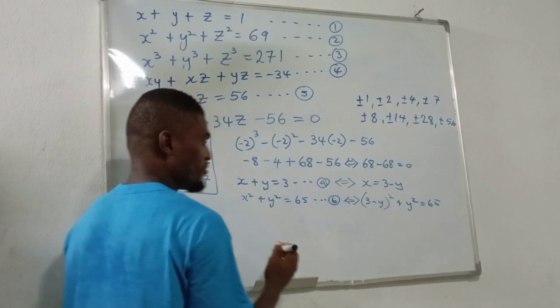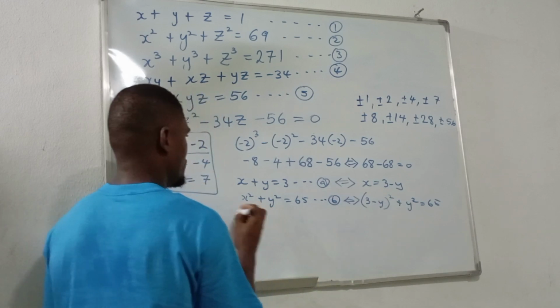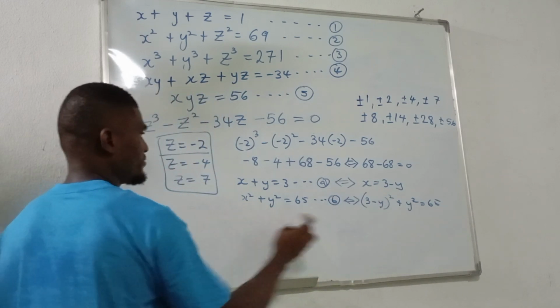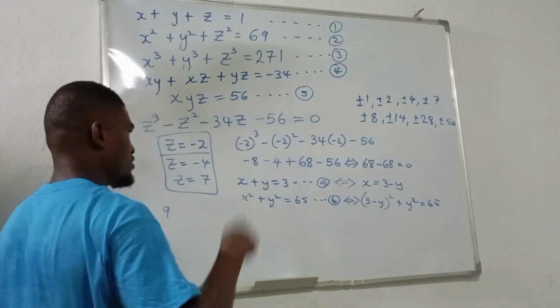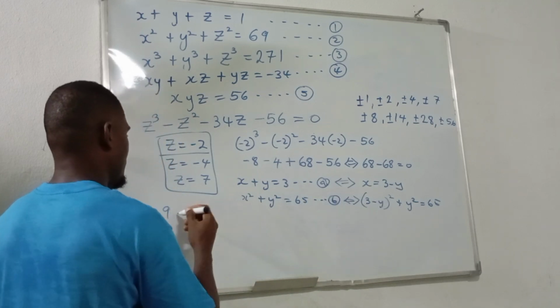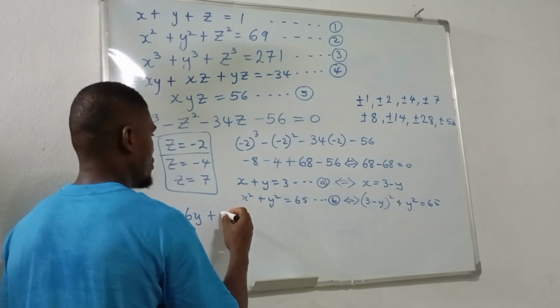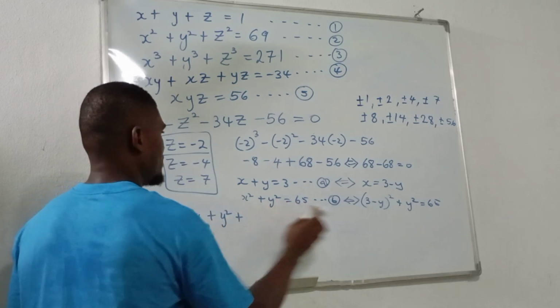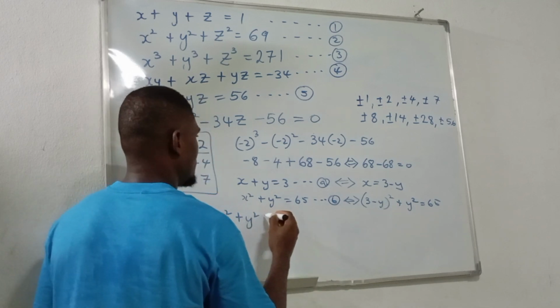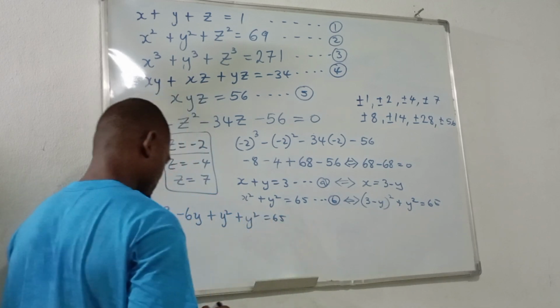Alright, so we break this down, and that should give us 9 minus 6y plus y squared, then plus this y squared equal to 65.